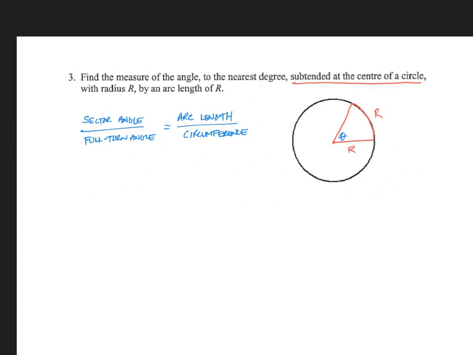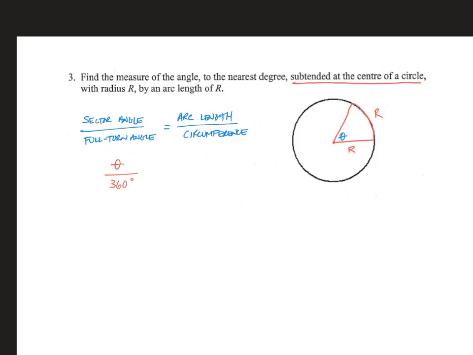Now, what we can do though is use that relationship to fill in the missing pieces. We know that in this instance, we have a sector angle that we're calling theta. And we know that a full turn angle on any circle is 360 degrees.